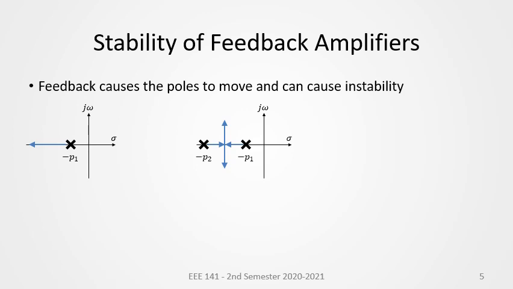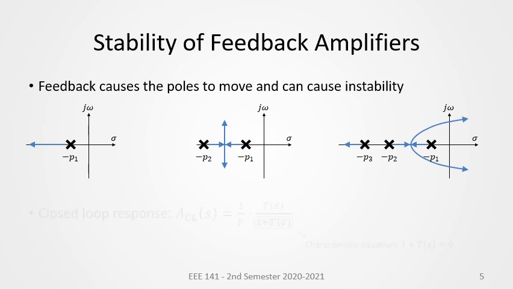However, more complex and practical systems will have more poles. In the case of a three-pole system, the two low-frequency poles will approach each other and become complex conjugate poles. However, these poles can end up in the right half plane if the loop gain is large enough. When this happens, the system will become unstable.